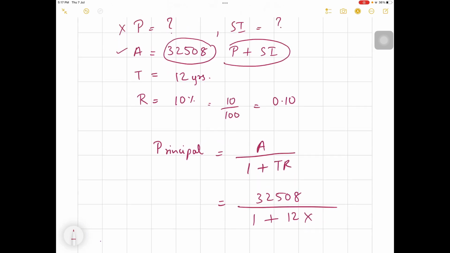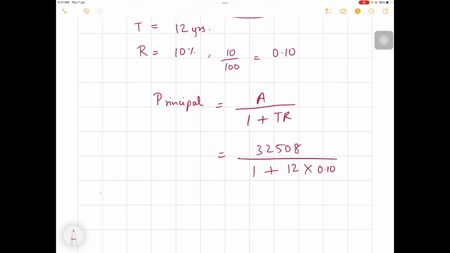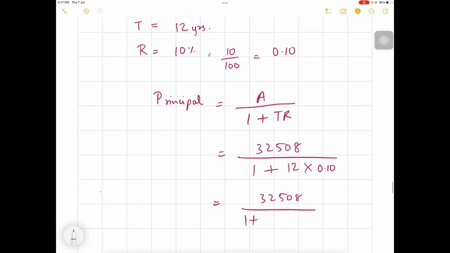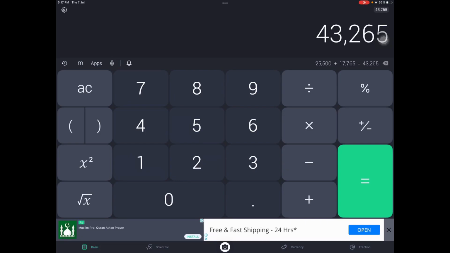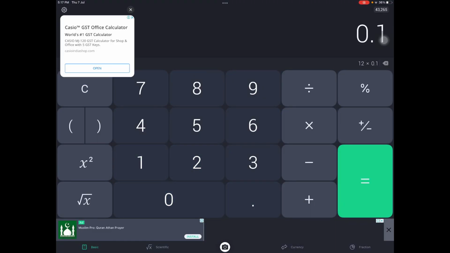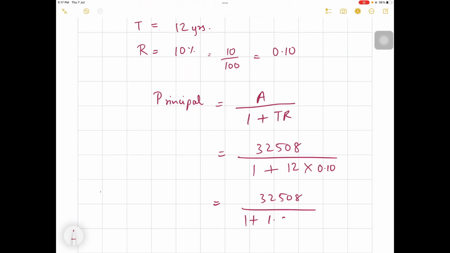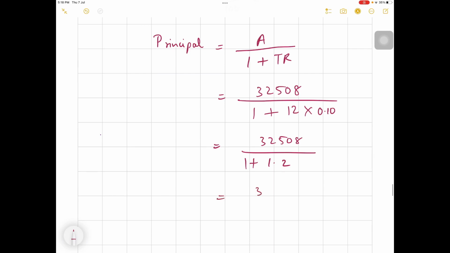So into 0.10, which is 32,508 divided by 1 plus 12 into 0.1. 12 into 0.1 is 1.2.